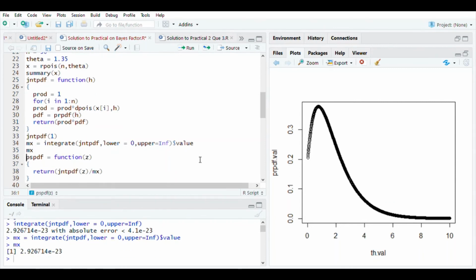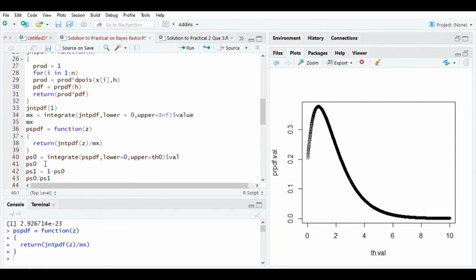Now the posterior distribution is simply the ratio of the two. That is, the joint PDF divided by mx is going to give me the posterior distribution of theta. So I have defined a function PSPDF computed at point z, which returns the joint PDF divided by the marginal distribution of x.